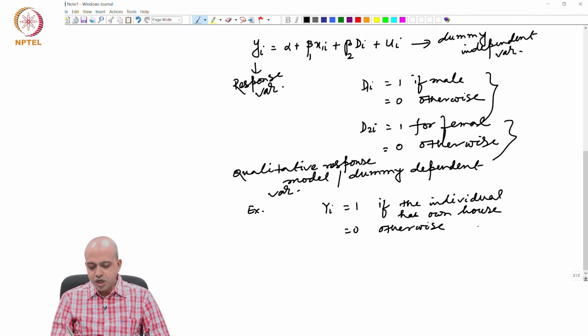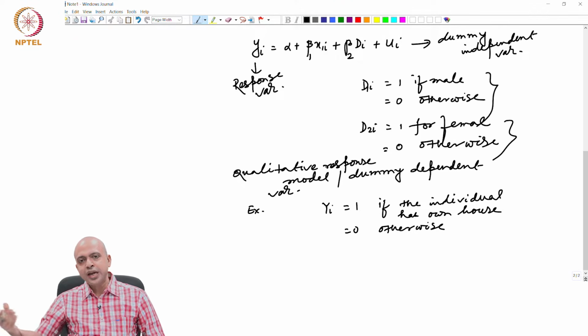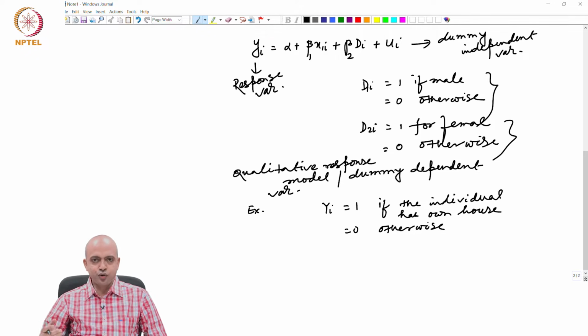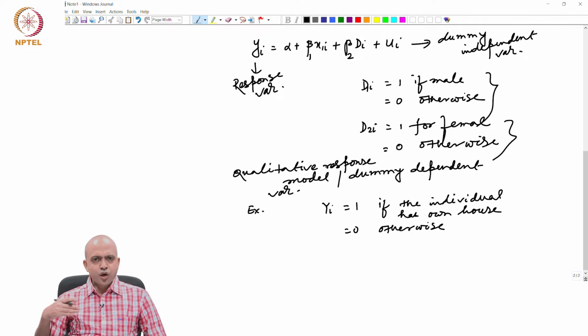In this context, our dependent variable itself is a dummy variable, and that is why this is called a qualitative response model or dummy dependent variable. The objective of these models is to estimate the probability of owning a house given the individual's socio-economic and demographic factors. If I know the individual's income, education, age, gender, and so on, what is the probability that the individual will own a house?